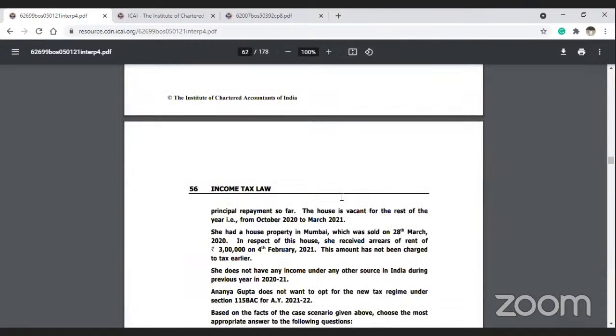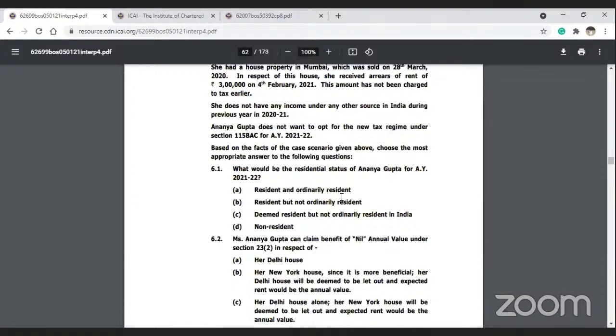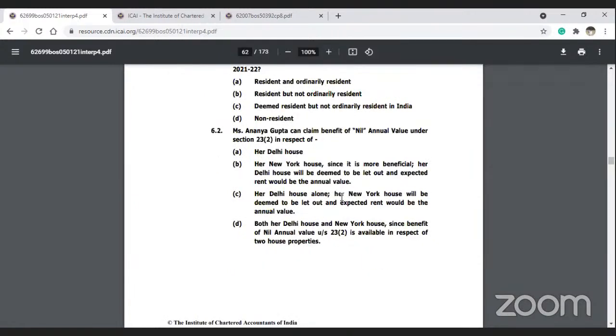She is owning property in New York as well, no?